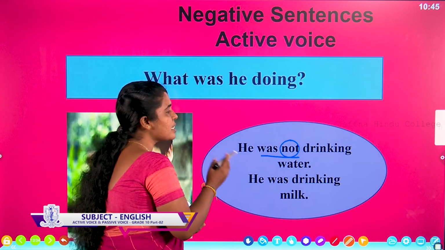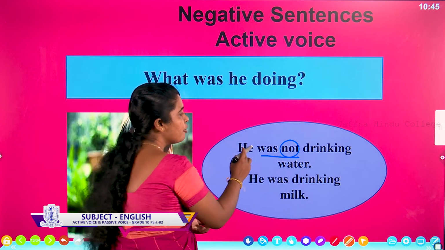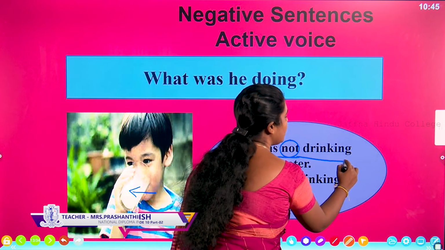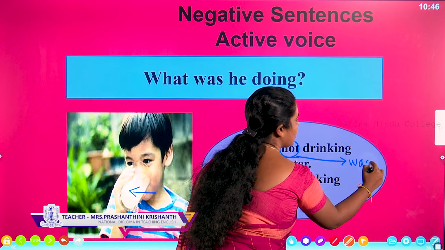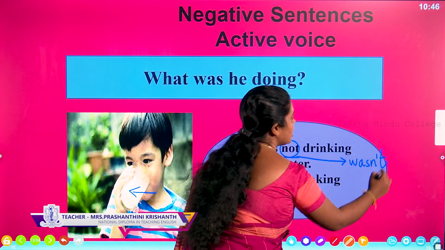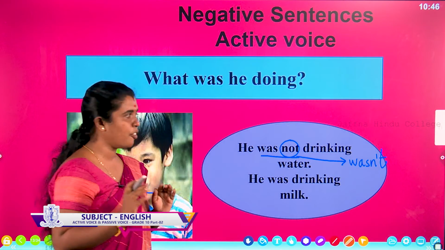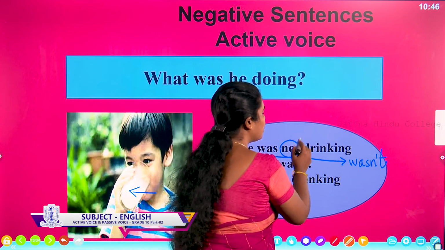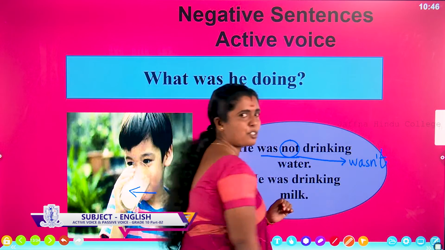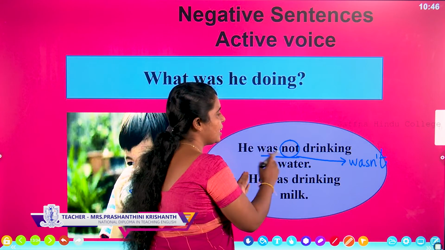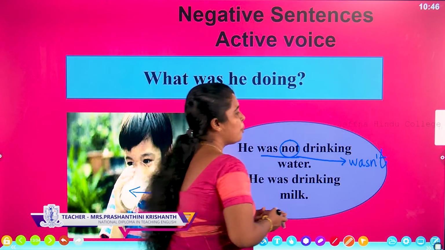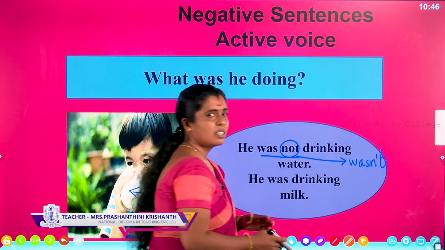So, we can use the contracted form also. For was not, we can write wasn't, right? When you change this was not into contracted form, simply you have to cut the o and put an apostrophe, right? We are cutting o and putting an apostrophe, wasn't, right?